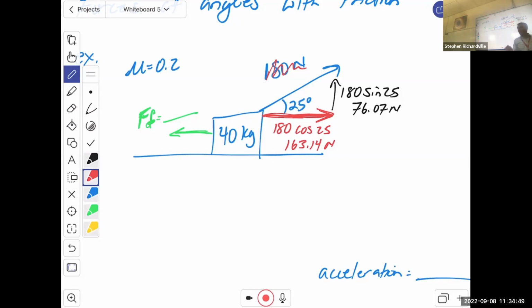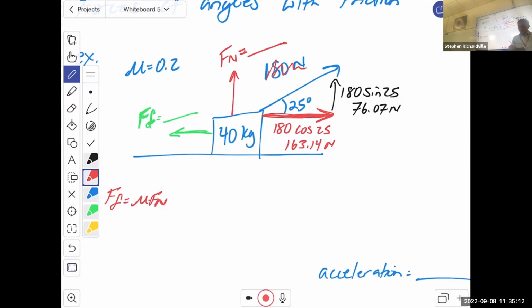So friction's a pain. Because friction means I've got to find the normal force. And the normal force is tricky. Let's talk about normal force. Normal force for the last couple days, and I know we moved quick, is equal to all the weight, generally.